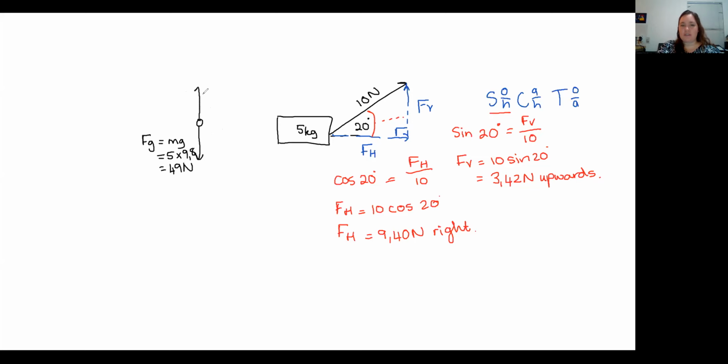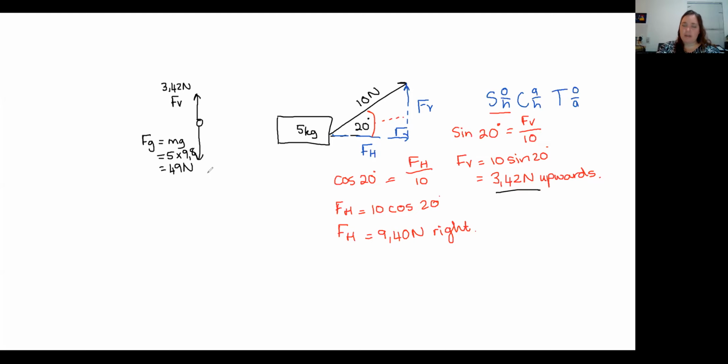Fortunately, in this case, since it's a horizontal surface, we are going to have two forces upwards that also equal 49 newtons. The one is my vertical component, and my vertical component here is that value of 3,42 newtons.